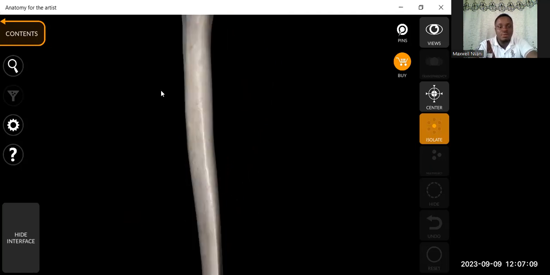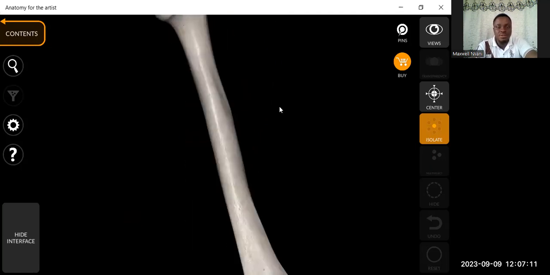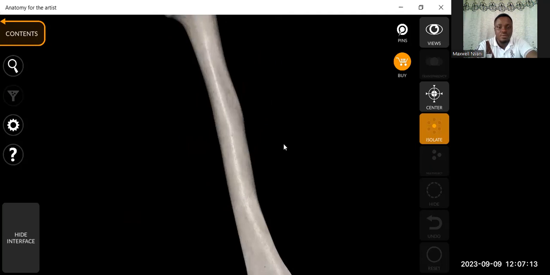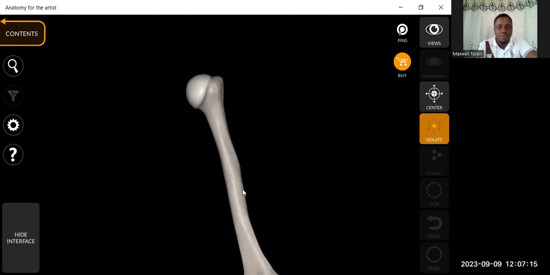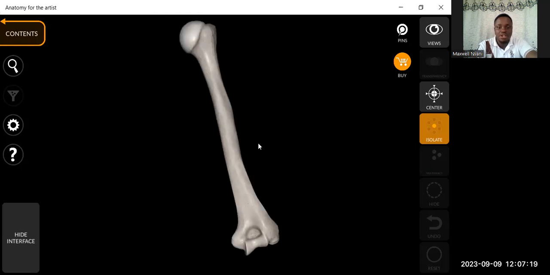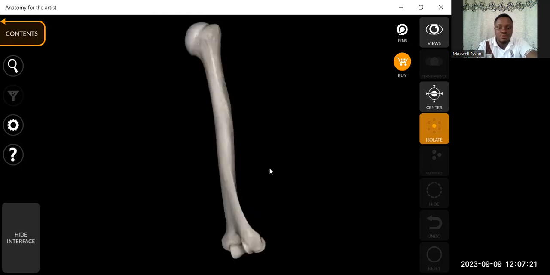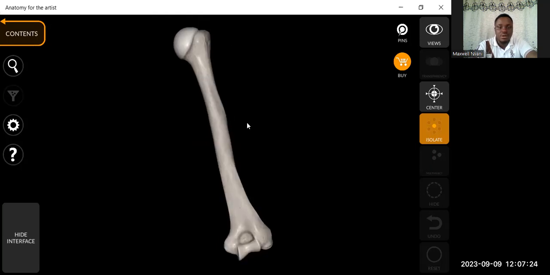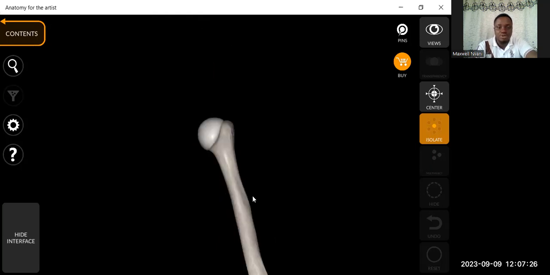Now, for your posterior surface, the posterior surface bears two important features.